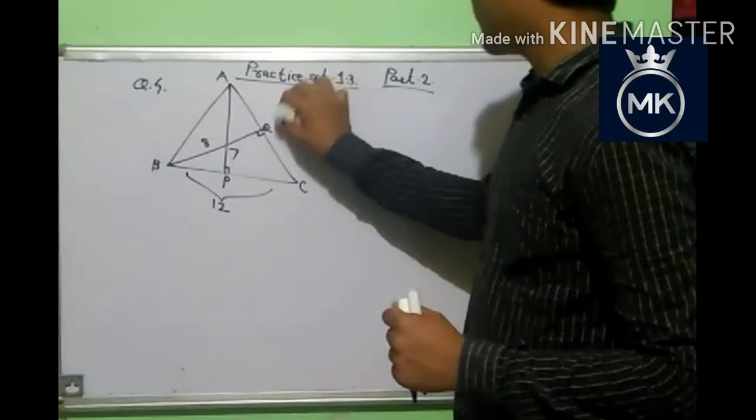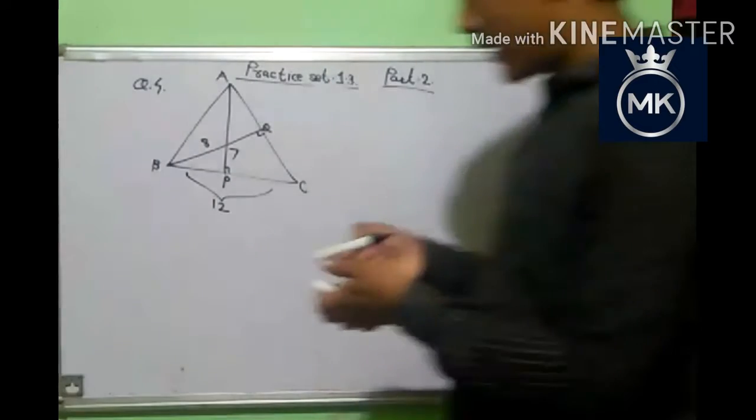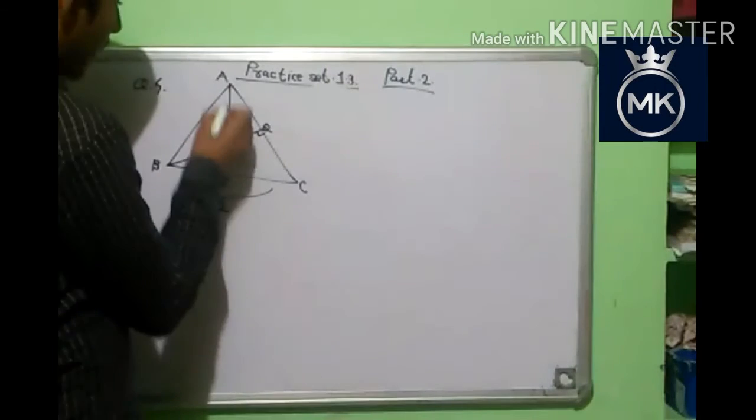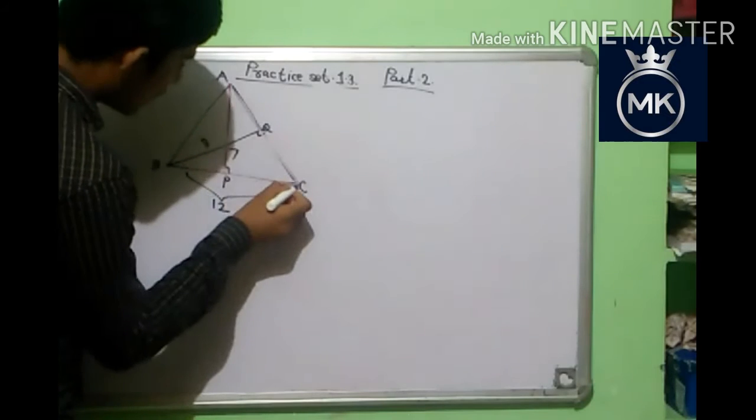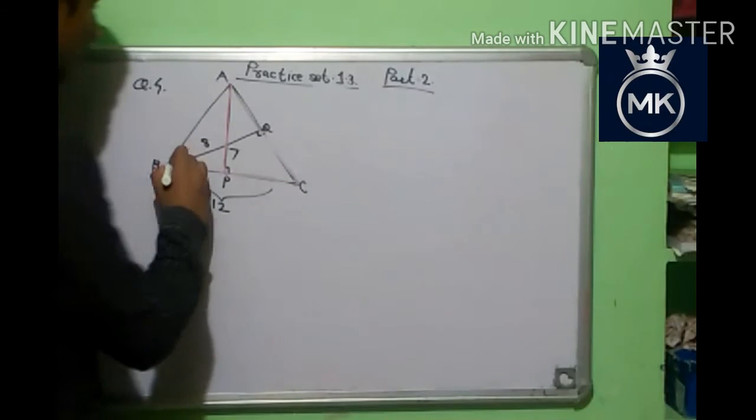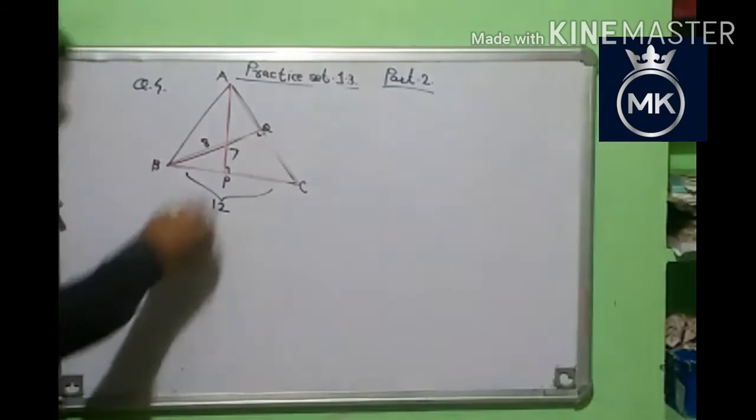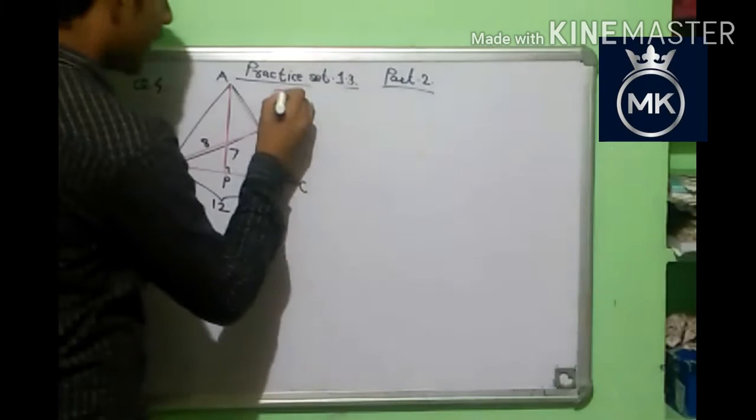So let us first prove the similarity of both triangles, triangle CPA and triangle CQB.